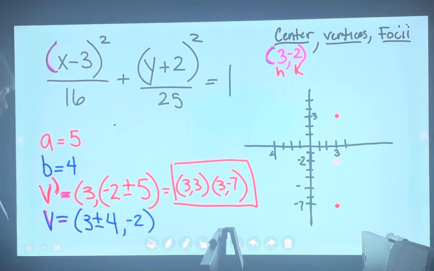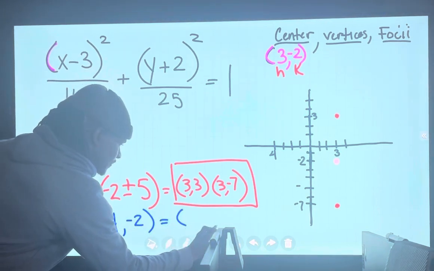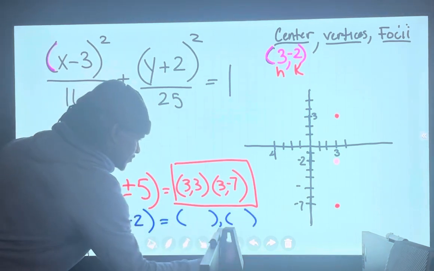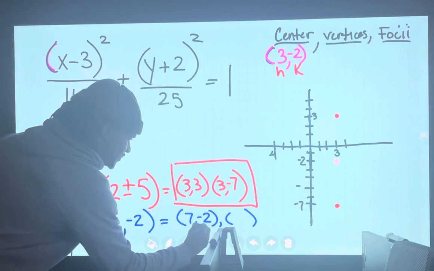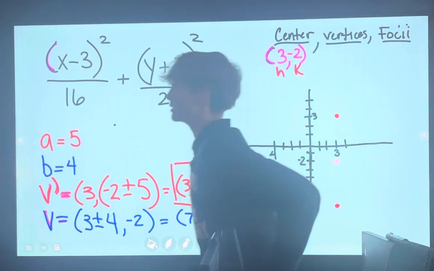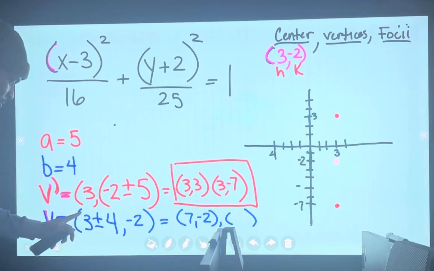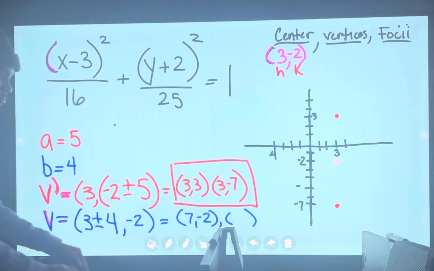And what does that become? What's 3 plus 4? 7, -2. And then what's 3 minus 4? Wait, how'd you get to -2? -2 is going to be on both of them.